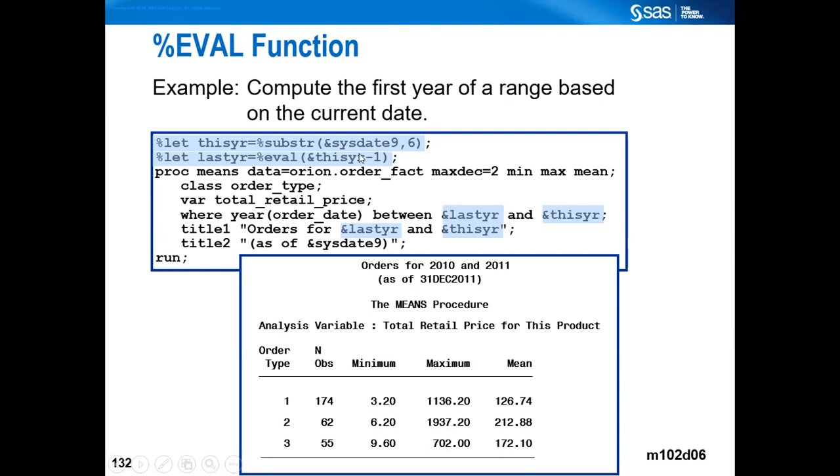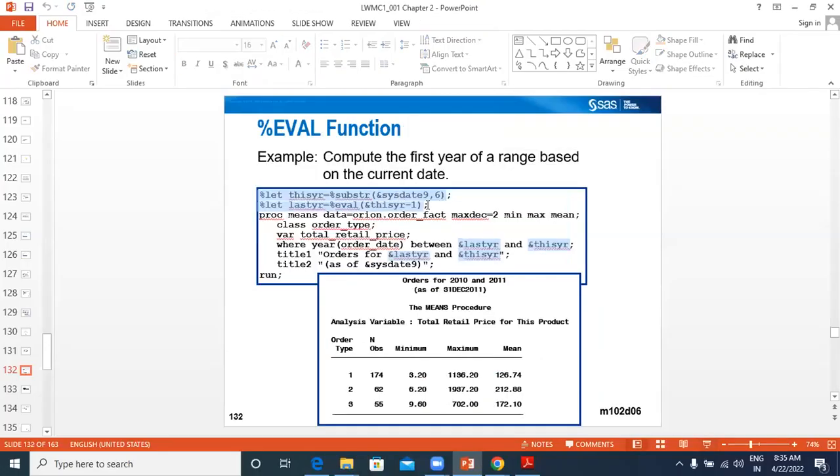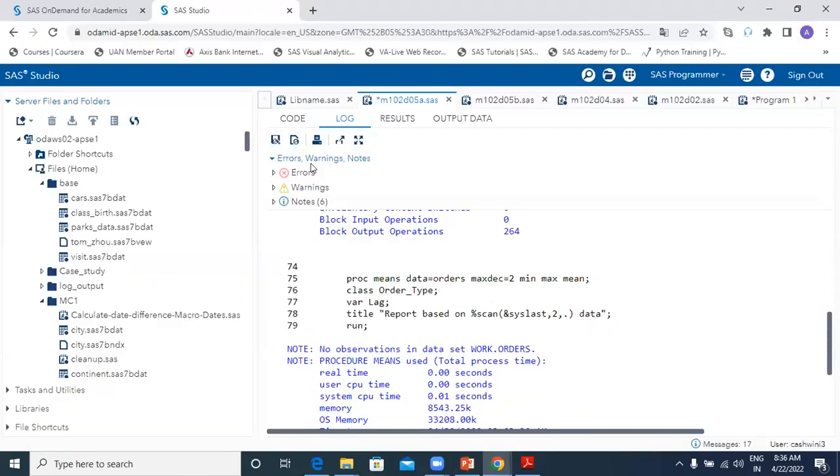So this minus 1 will give you the previous year's value. Let me show how it works. I hope you are understanding what percent eval is doing.